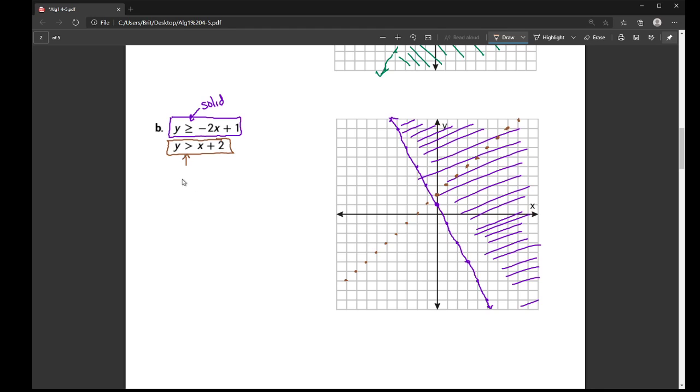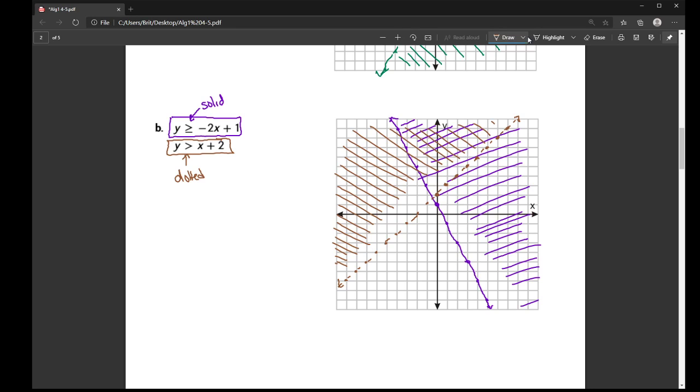So we're going to use a dotted line or a dashed line. So it looks kind of like this. And in terms of shading for the brown line, it says that y is greater than all this stuff. So my shading would be above the line this way, like you'd see.